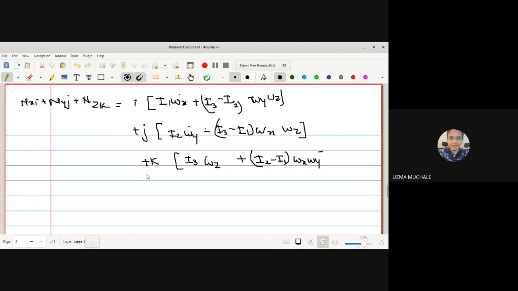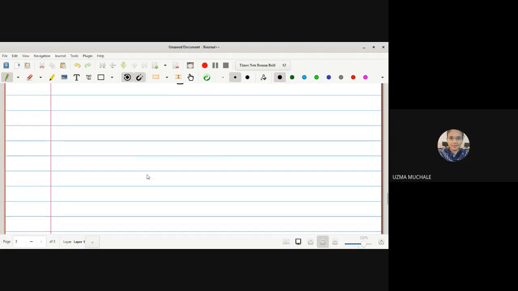Comparing the coefficients of i, j, k, we get Nx is equal to I1 omega x dot plus I3 minus I2 omega y omega z.